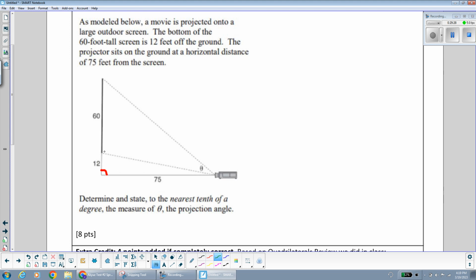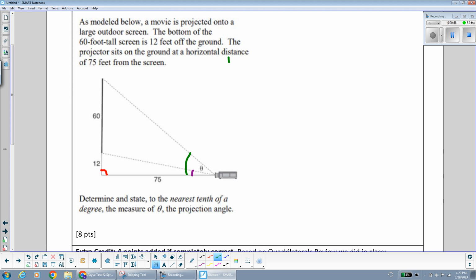Now, from the big right triangle, I can find out what this whole angle is, because that would be the whole angle in the big right triangle. And from this small right triangle over here, I can figure out what this angle is, because this angle would be in the small right triangle. And if I can find this big angle and the small angle, I can subtract and I can be left over with theta, which is what I am looking for, the projection angle here. So let's see what I'm going to do.